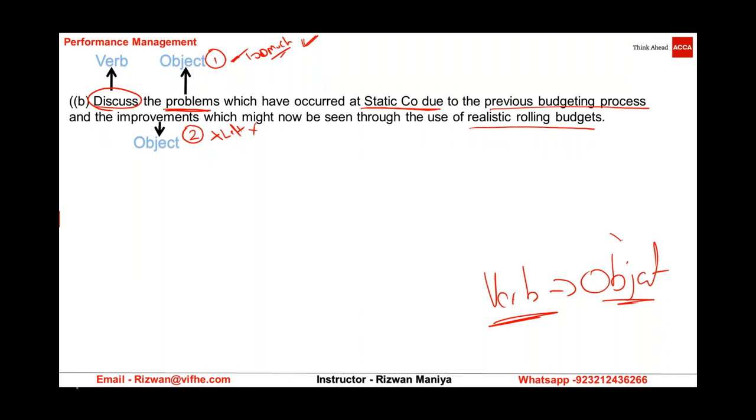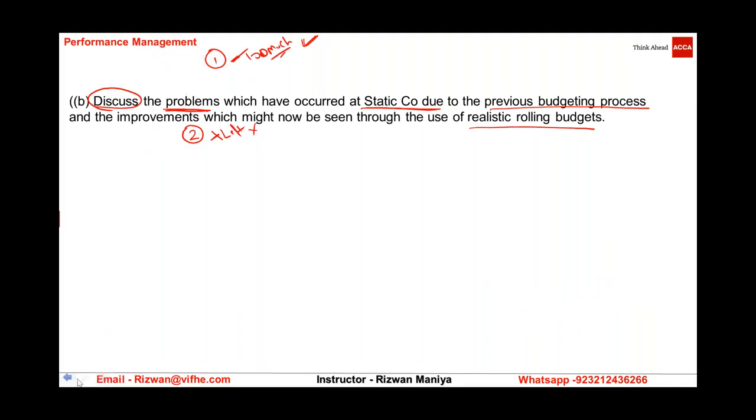So I hope that in every question, you will now be able to find out the verbs and the objects. The second thing that I want to teach you here is you have to see in a theory question whether the question is knowledge based or application based.